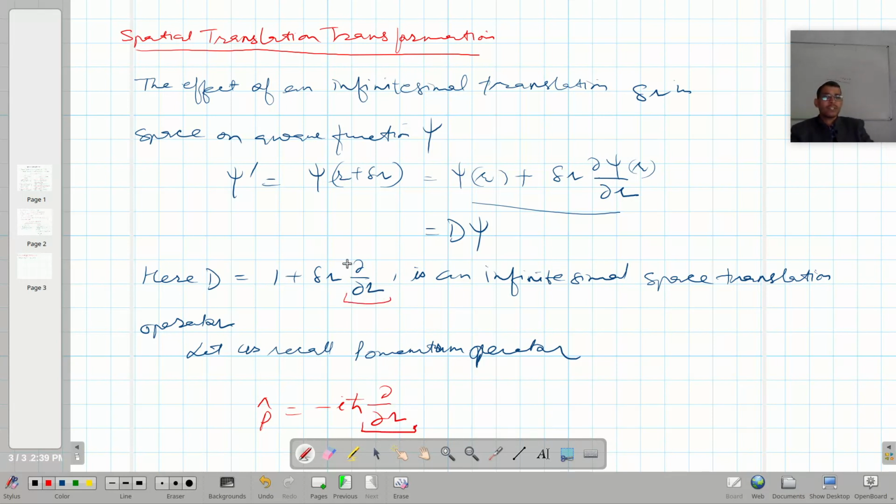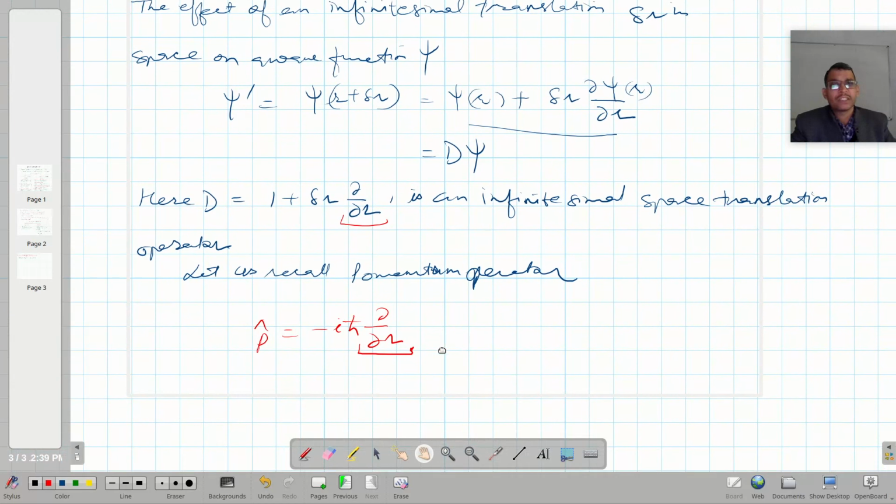So let us try to express this space translation operator in the form of momentum. For that I can write that the derivative with respect to r is equal to P over minus i h cross, and 1 over i is minus i, so this makes it i P over h cross.